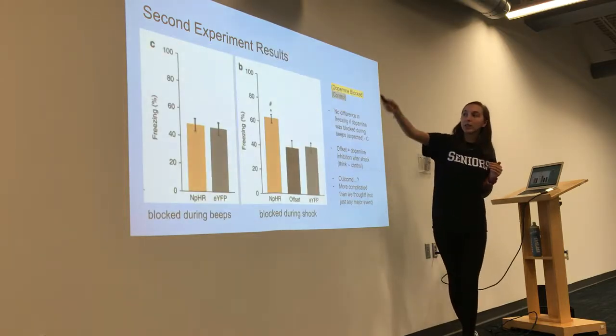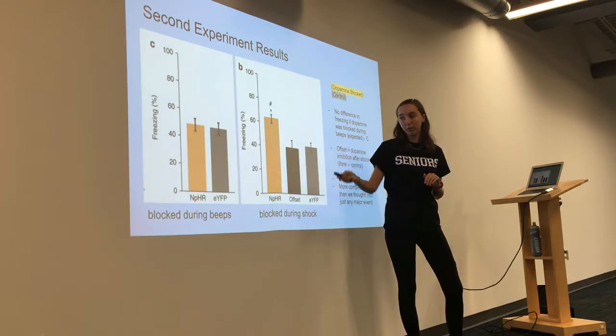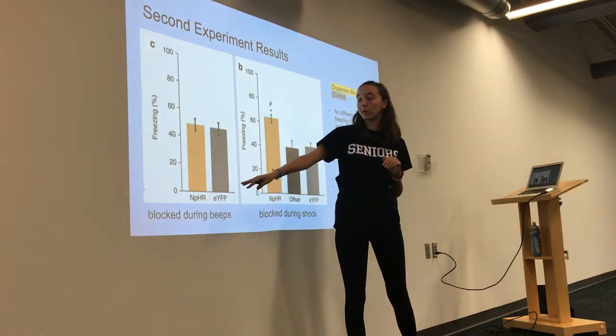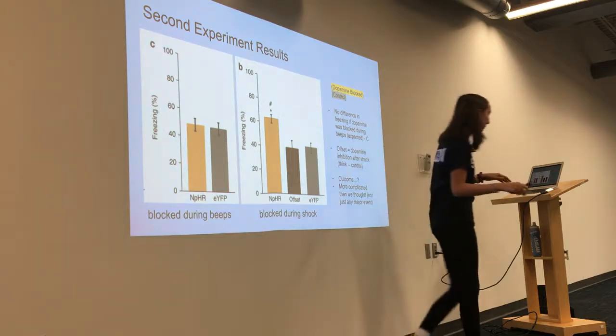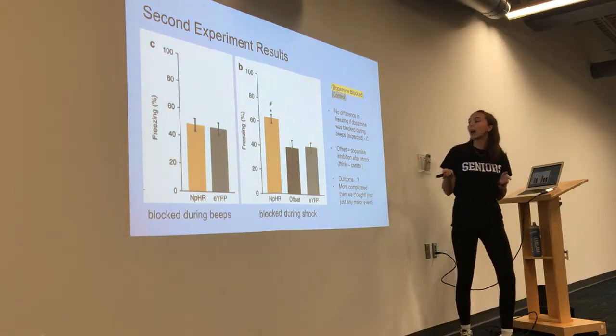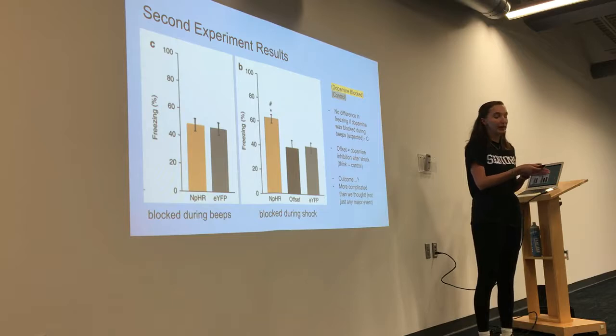So on the left in the C graph, that's a group of mice that had dopamine blocked during the beeps, and they're comparing, the orange is the group of mice that actually had dopamine blocked, and the gray is the control group. What you can see is that there's no significant difference, which just indicates that dopamine doesn't play a major role the first time they encounter the conditioned stimulus.